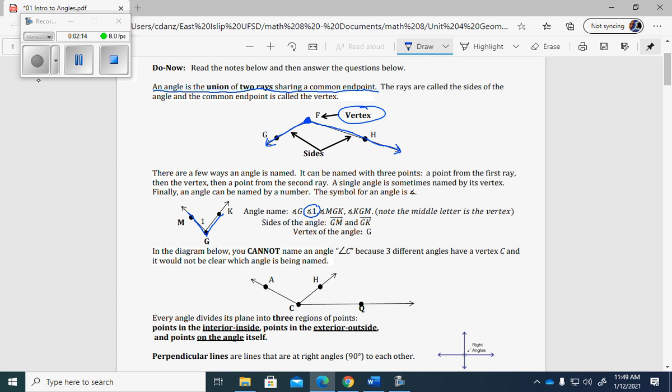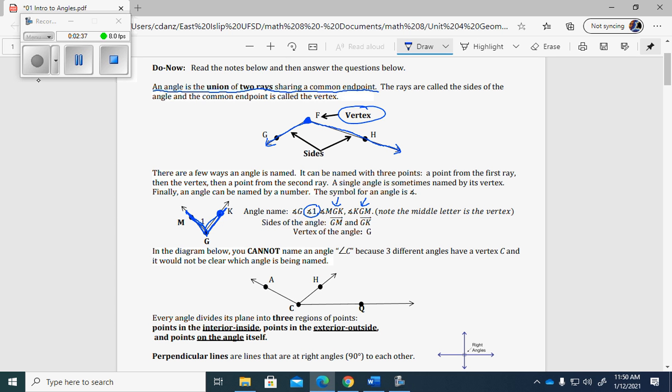The way that you know the order to write the letters is if you trace this angle. I pass M, then I pass G, then I pass K. So angle MGK. Of course, I could start at K, so I could call it KGM. Always that center letter is the vertex of the angle.